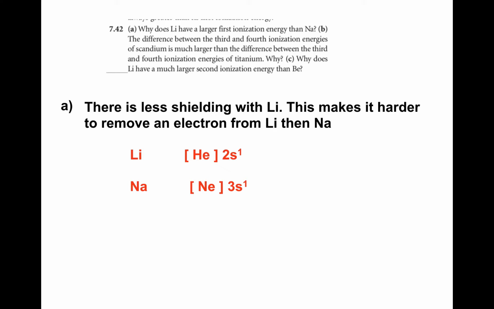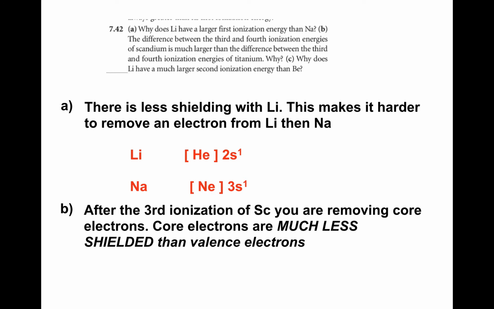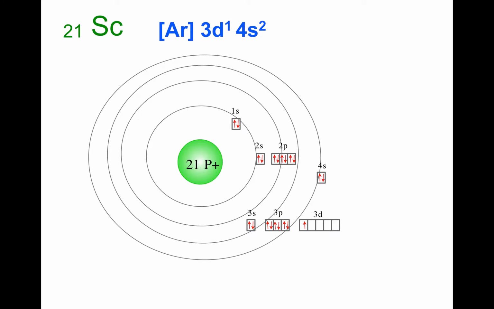B, the difference between the third and fourth ionization energies of scandium is much larger than the difference between the third and fourth ionization energies of titanium. Why? Answer is you're starting to remove core electrons with scandium, whereas with titanium you have a fourth outer electron to take before you start digging into core electrons.